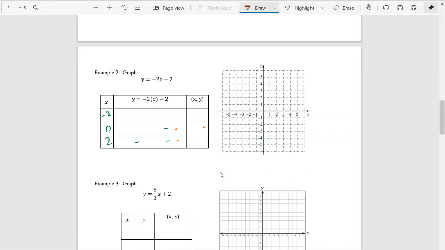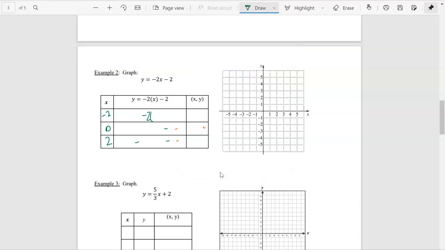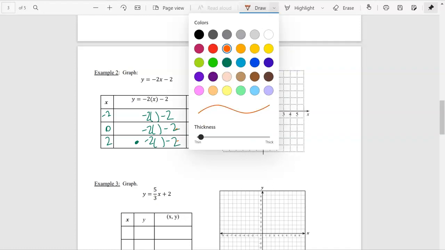Okay, so now we're going to leave everything else alone except for this x right here. So we've got -2x minus 2. Now these are the numbers that we would plug in for those x's.